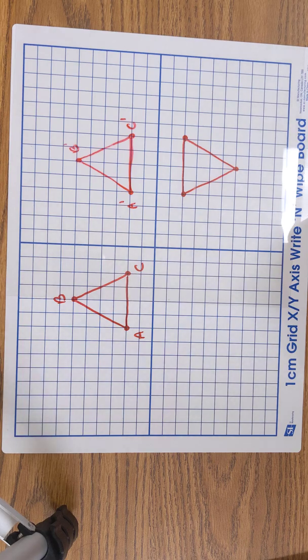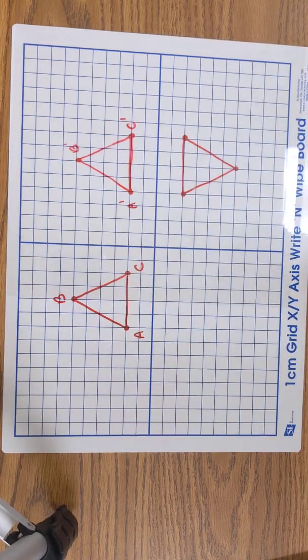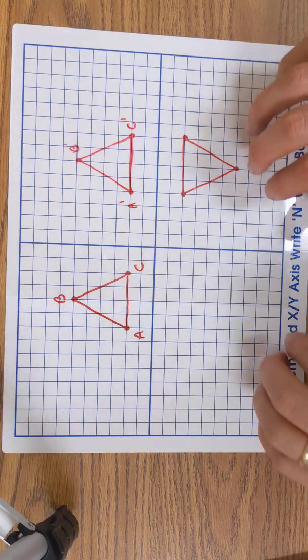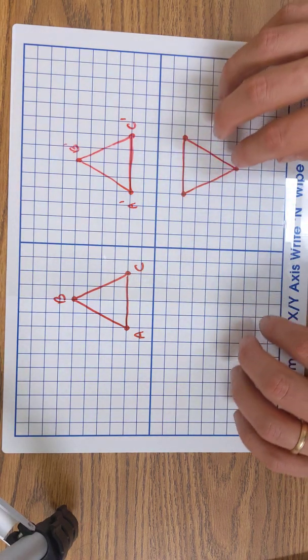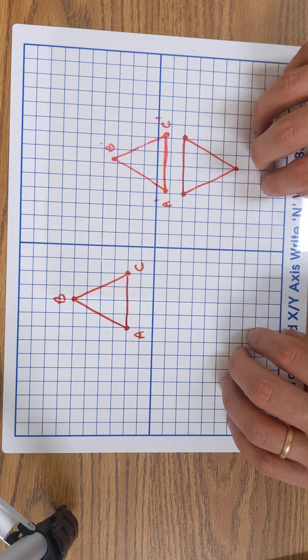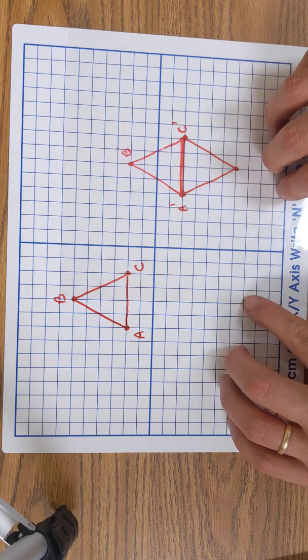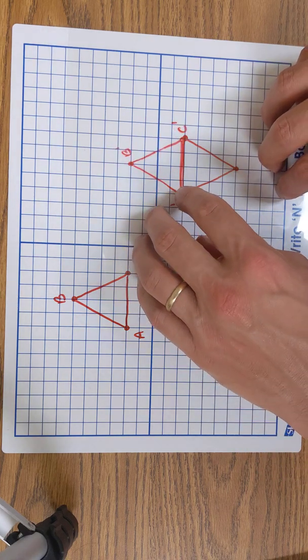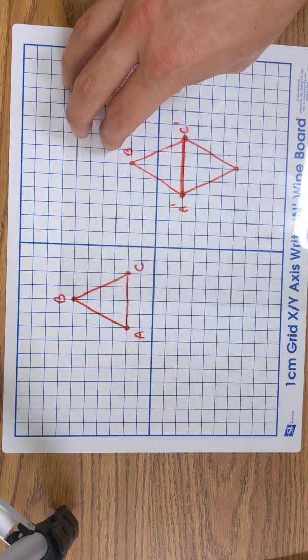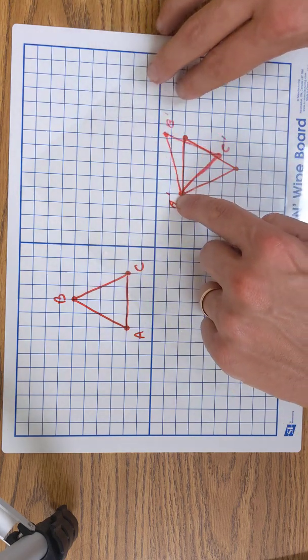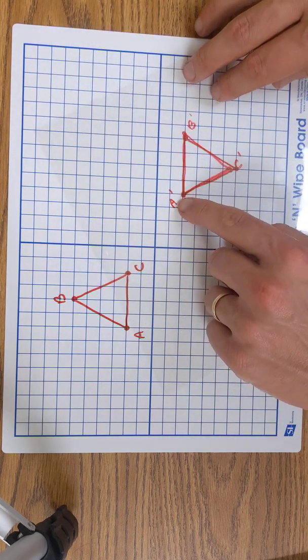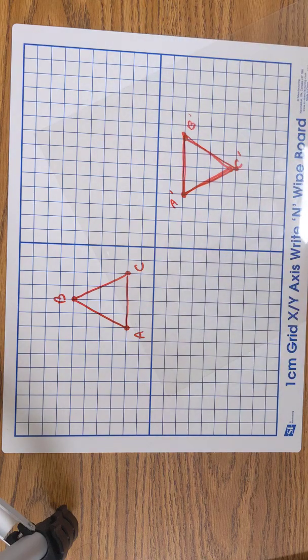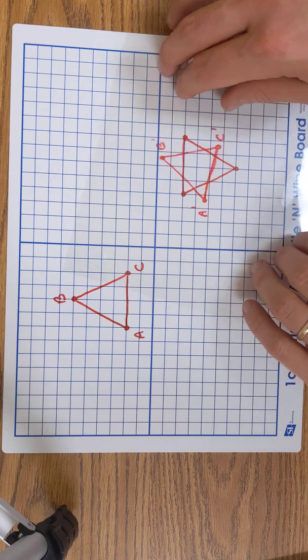Is that the only set of rigid transformations that maps this guy onto that one? Nah, there's a ton. What if I wanted to shift to the right like I did and then shift down? And then maybe I wanted to rotate around this point A. That gets me there. Congruent triangle, right?